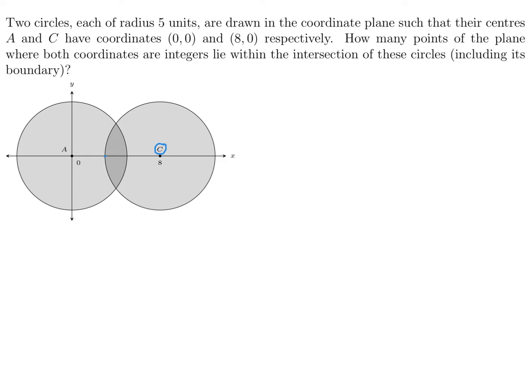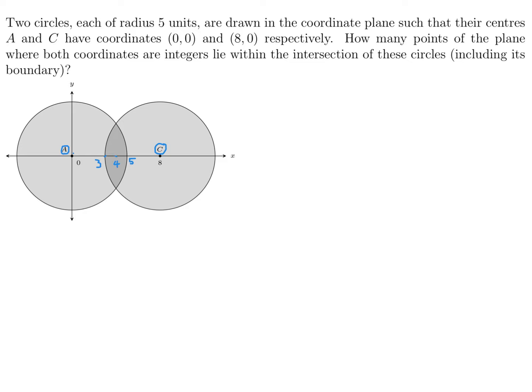So that means that point would be 3 on the x-axis. And since this A is 0 and the radius is 5, 5 units to the right of A would be 5. So this point right here is 5. And then obviously the point right in the middle would be 4.